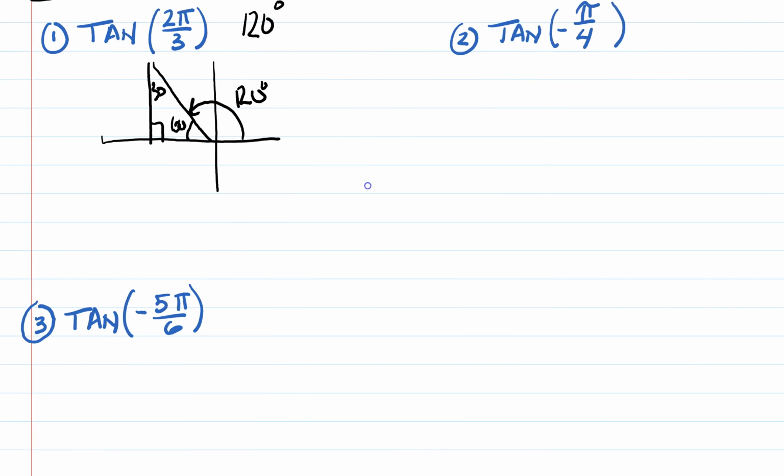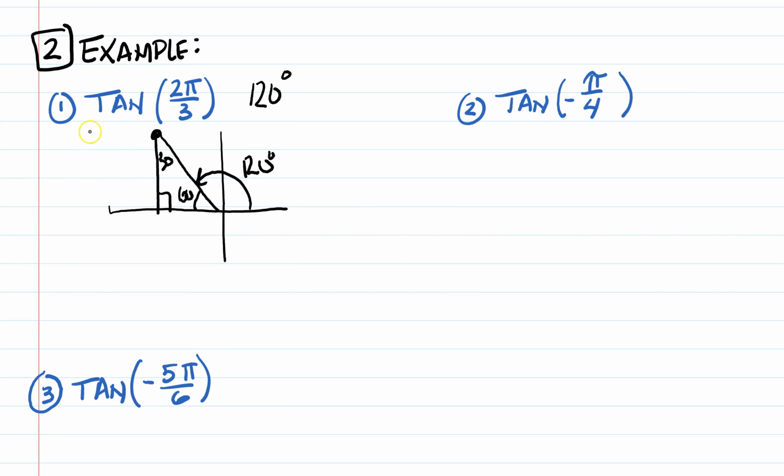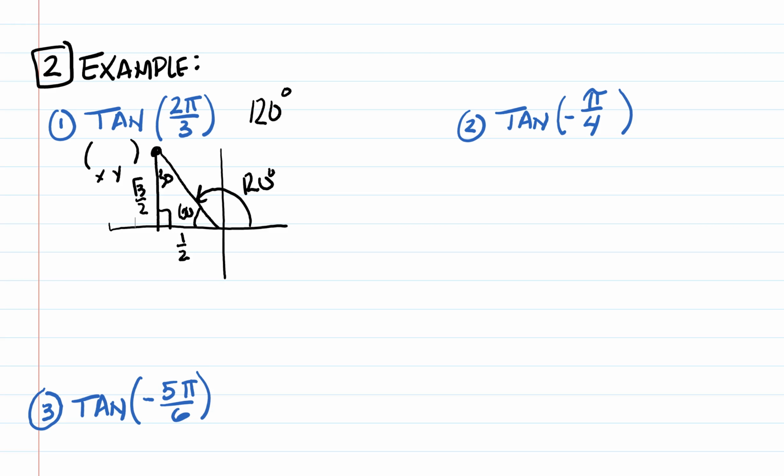Okay, so now if I think about a point that's right over here, an X and a Y, this is 30, 60, 90. So I know that this is going to be 1/2 and this is going to be rad 3 over 2. But because I am in quadrant number 2, we have to remember that this one is going to be negative. The X value has to be negative because think about getting to that point.